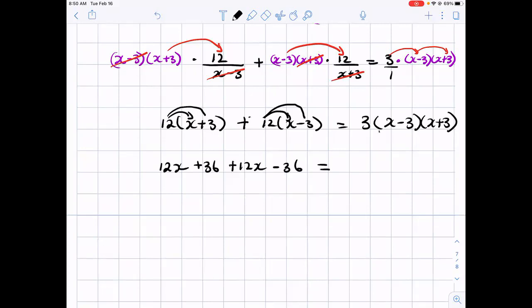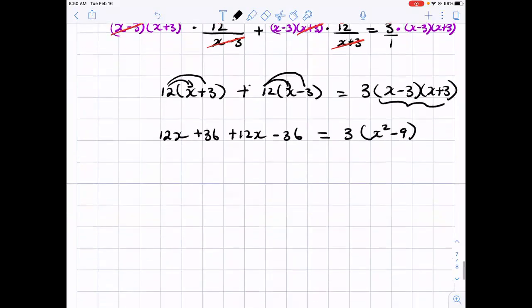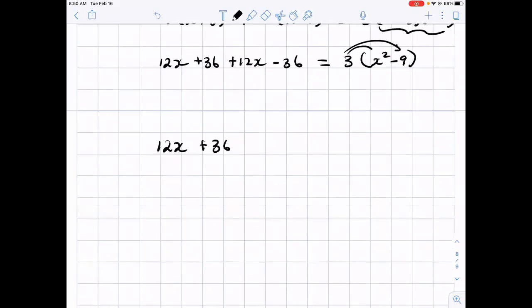And that is equal to, if you multiply the parentheses first, since it's a difference of squares, it becomes x squared minus 9. If you FOIL out those two parentheses, you will get x squared plus 3x minus 3x minus 9, and then the plus 3x and the minus 3x will cancel out. Now if you distribute the 3, we have 12x plus 36 plus 12x minus 36 is equal to 3x squared minus 27.